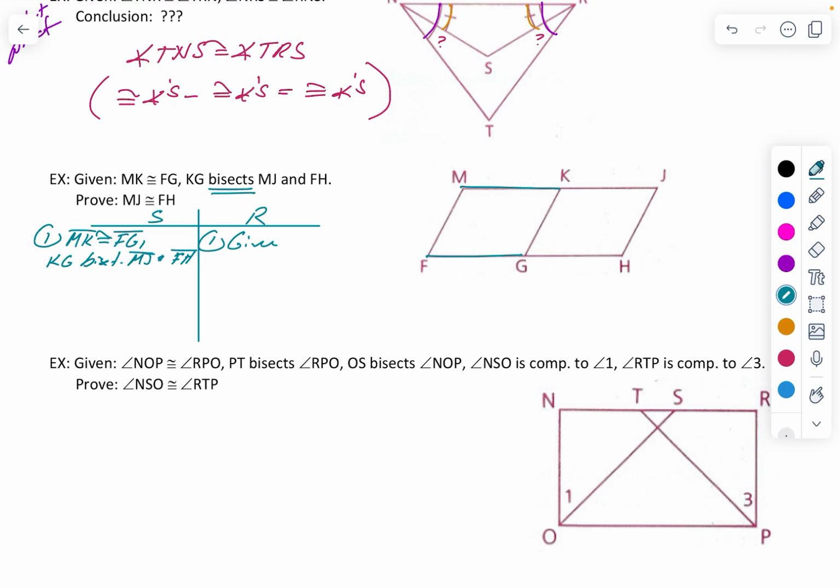And so we can say, since we have that bisect, that MJ, the whole thing now, is congruent to FH, the whole other segment. And because we were going from smaller pieces to big pieces, this is the multiplication property.